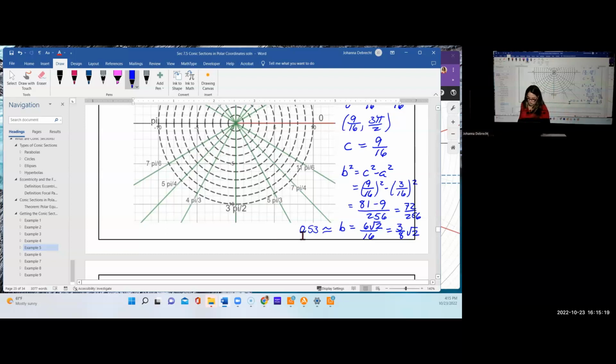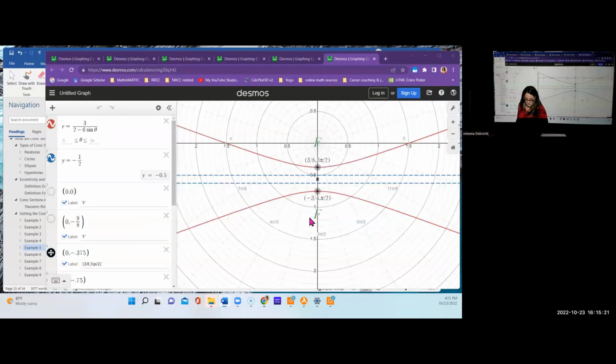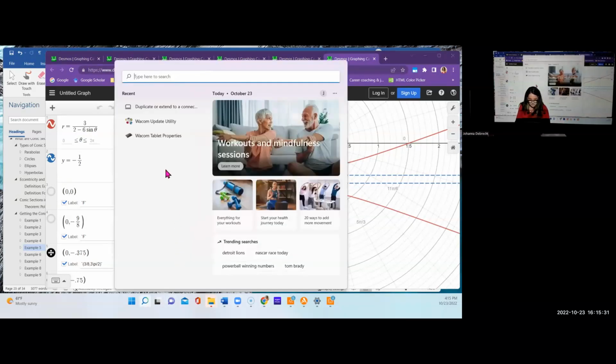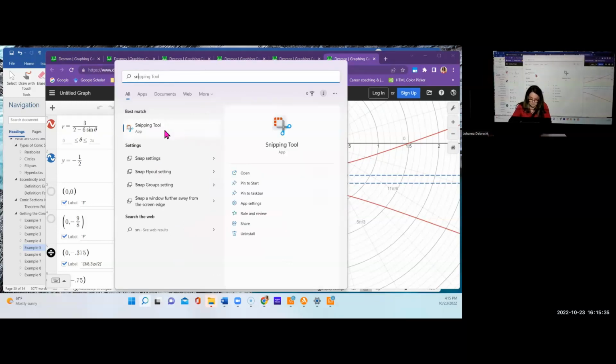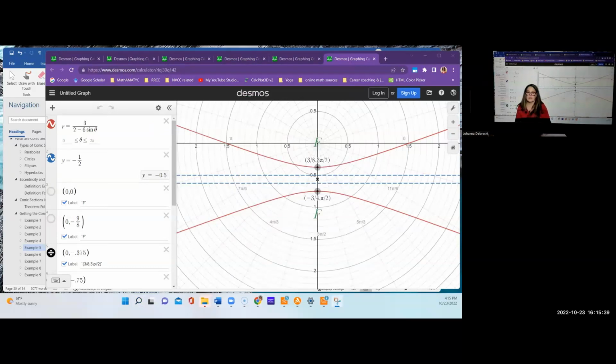So let's come over here, and I'm actually going to take a picture of this, and I'm going to superimpose it over on the other screen as soon as I can find my snipping tool. There we go, snipping tool. There it is.